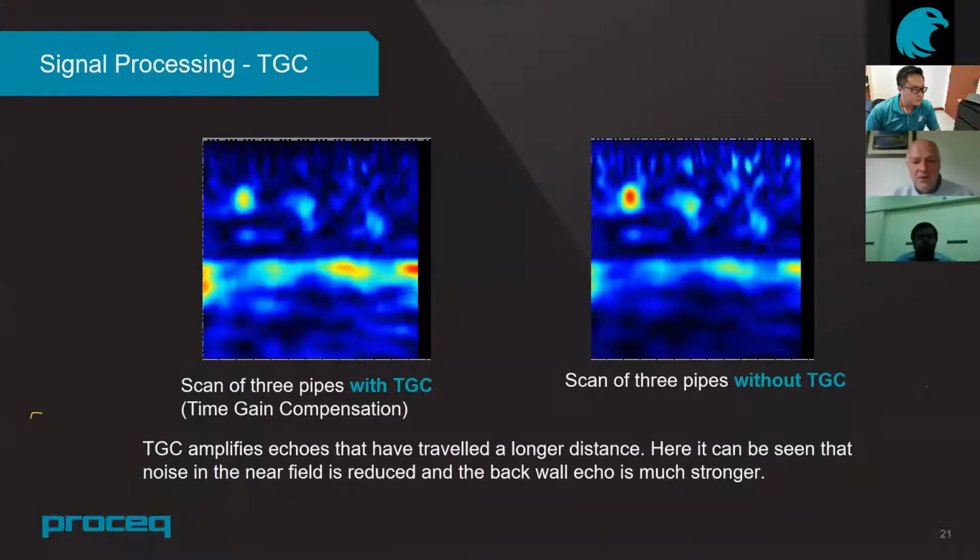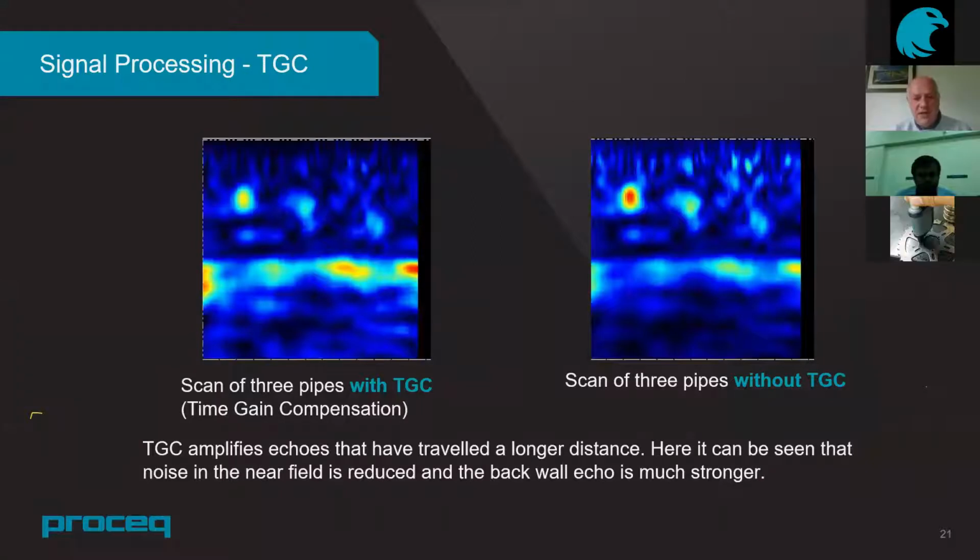Time gain compensation. This is a technique which has become more and more relevant as we're able to scan deeper and deeper. Basically, it amplifies echoes which are further away from the receiver. If you've got a very deep back wall, and nowadays we can, the deepest object that I've personally measured was 1.9 meters, a motorway pillar.